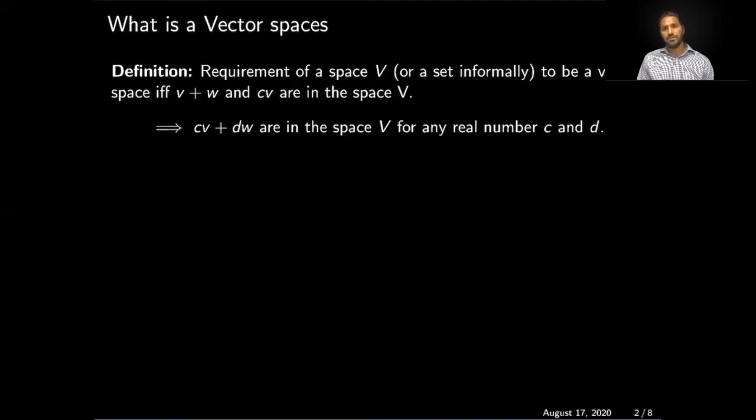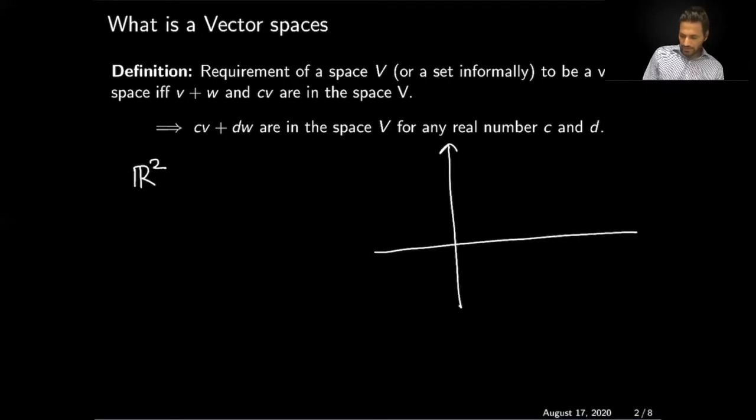Now let me give you some examples of spaces which are vector spaces, and also some examples of spaces which are not vector spaces. My very first example is the famous space R2. R2 is the space which contains all the vectors which lie in the XY plane. As you can see, it satisfies both properties of a vector space.